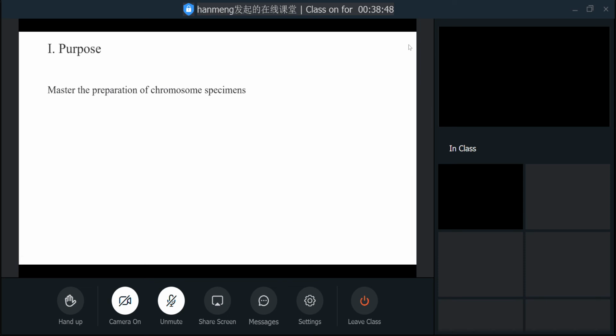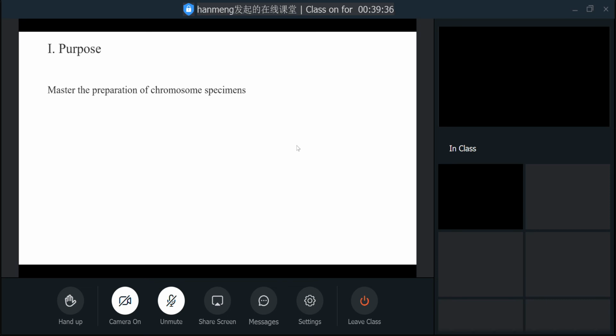The methods we talk about in our experiment are classical methods. But with the development of scientific technology, some other methods may be simpler or more convenient to operate. That is also okay, but you should know not only the technology, but also the principle.